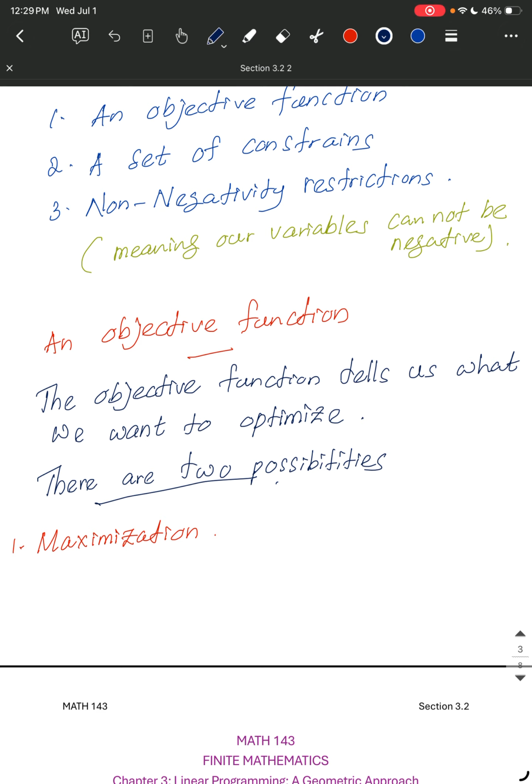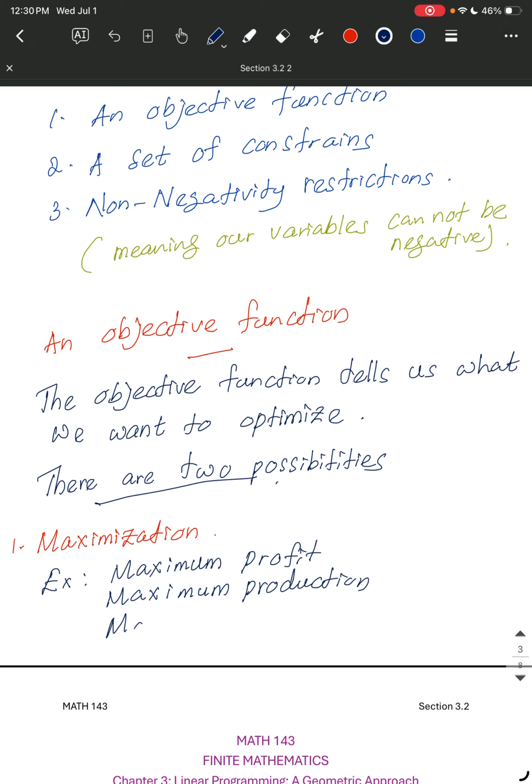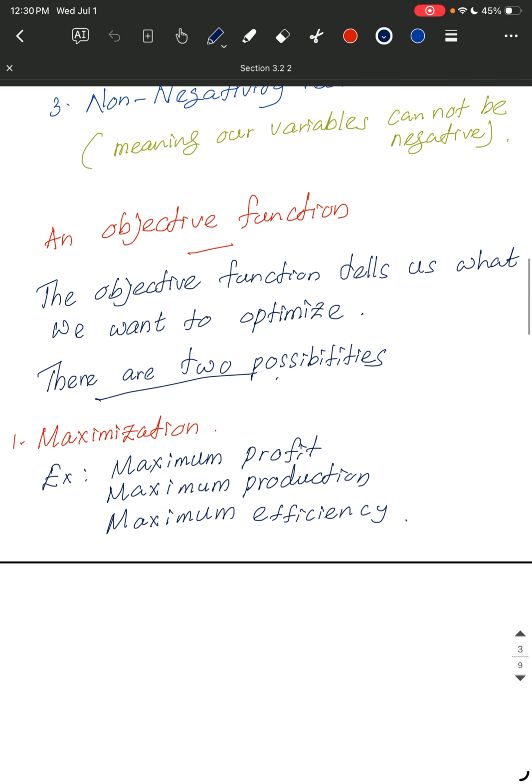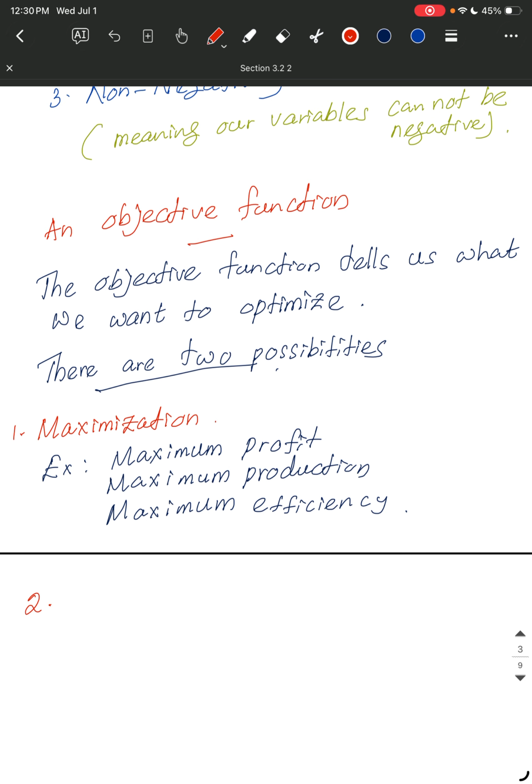Examples are maximum profit, maximum production, maximum efficiency. Next, the second one is minimization.